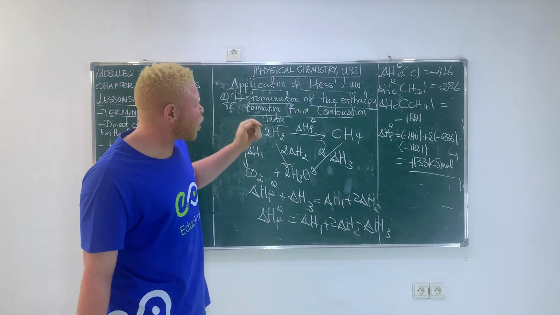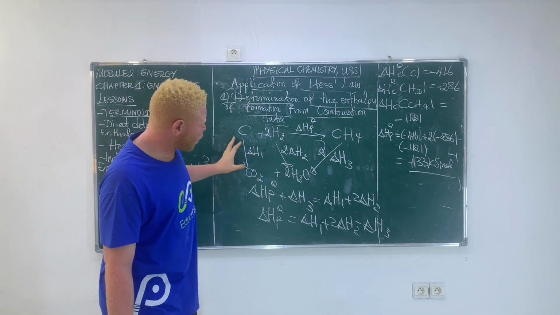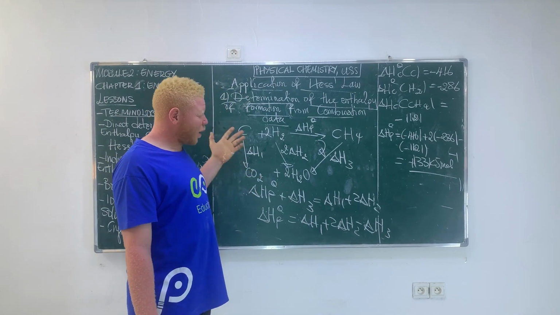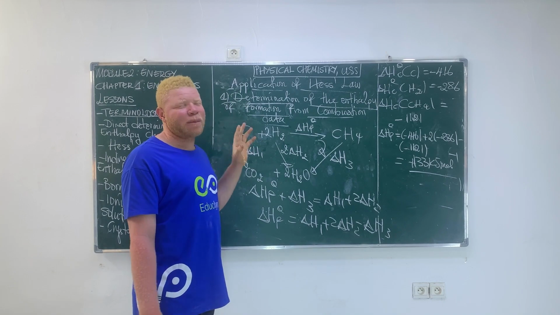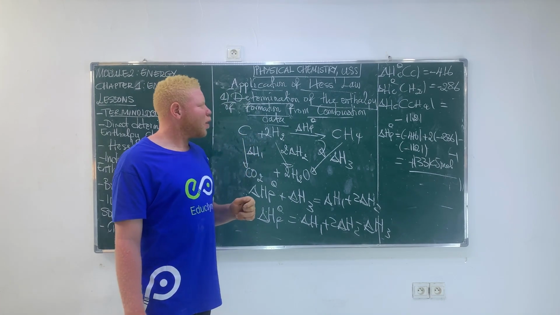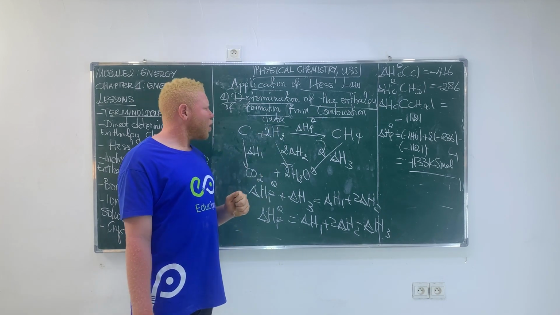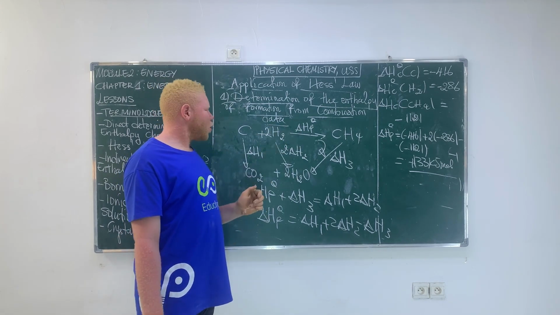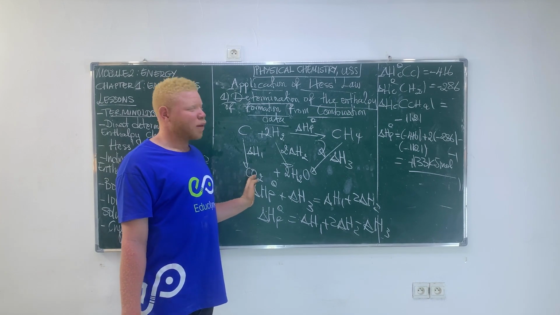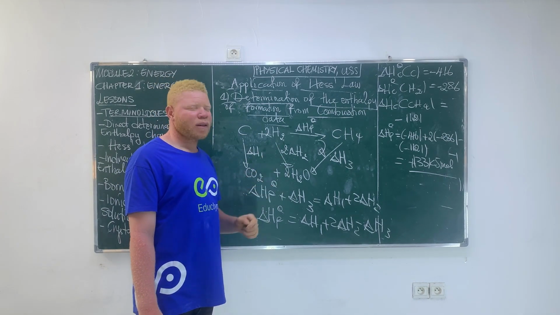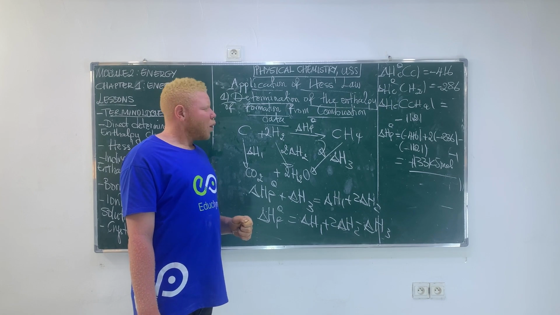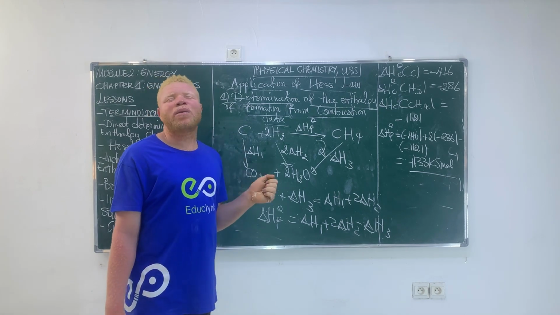Before we go to example 2, I hope example 1 is quite clear on the board. The first step is to write the balanced equation: carbon with hydrogen giving methane. I call that delta H of formation. When you burn carbon, we have carbon dioxide. Burn hydrogen, we have water. We make use of the stoichiometric coefficient.